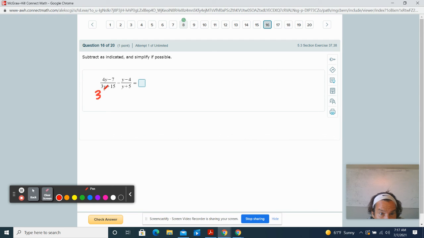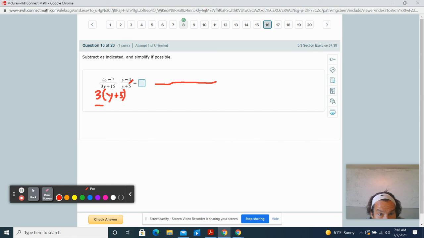So I'm going to take out a 3, which is the greatest common factor, and I have y plus 5. That's the first denominator. So now I'm going to rewrite these 2 fractions into 1 fraction, and I'm going to use the least common denominator. So we have 3 times y plus 5.